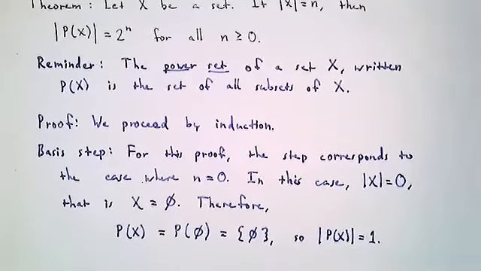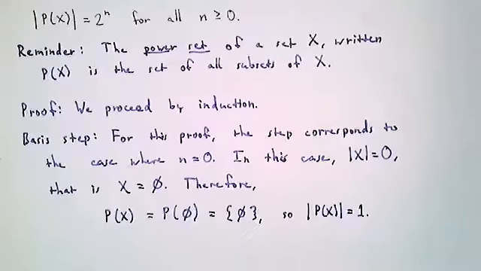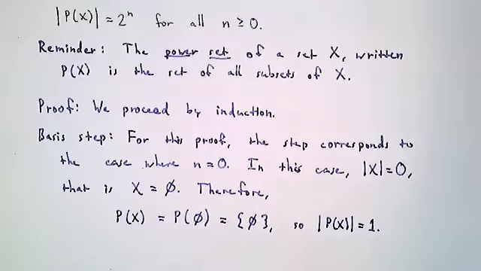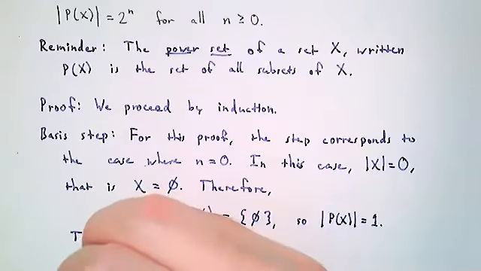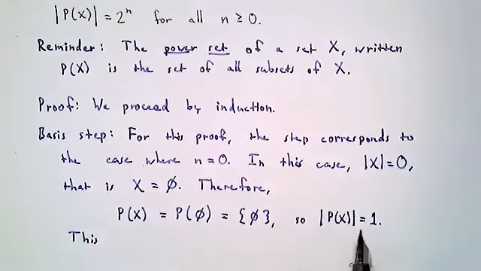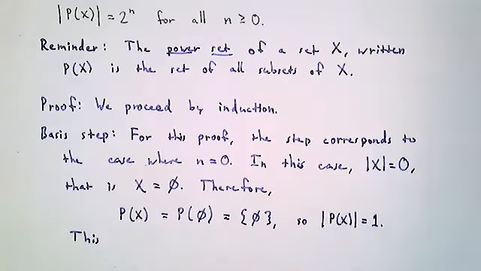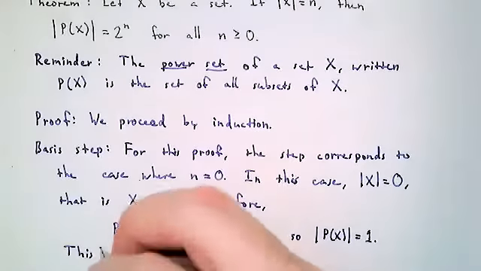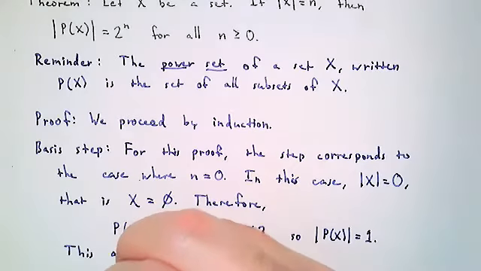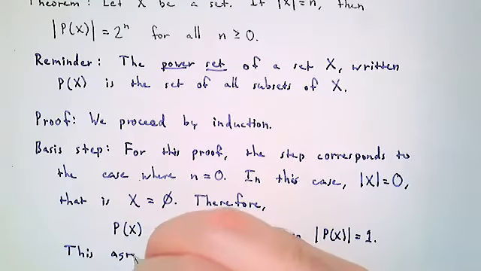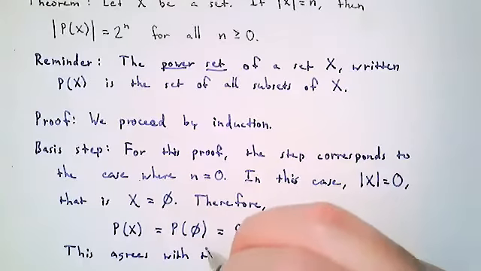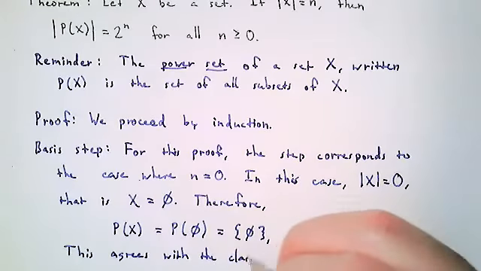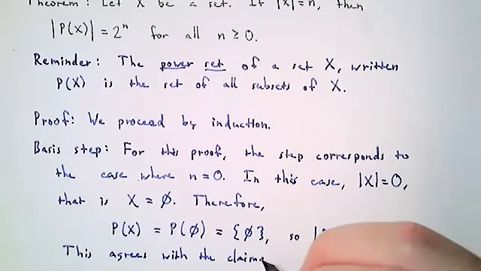Yep. Okay. So now that we've calculated the number of elements, we should just make a note that this matches up with our formula. So maybe I'll just say this agrees with the claimed formula since 2 to the 0 equals 1.